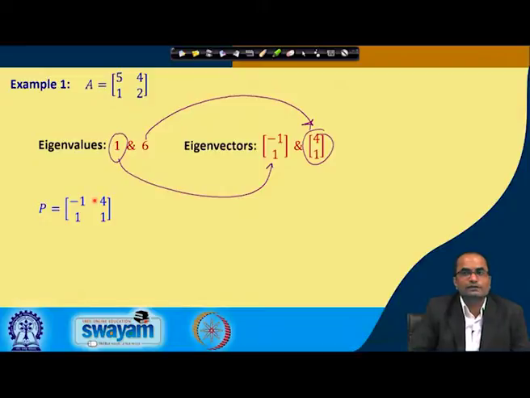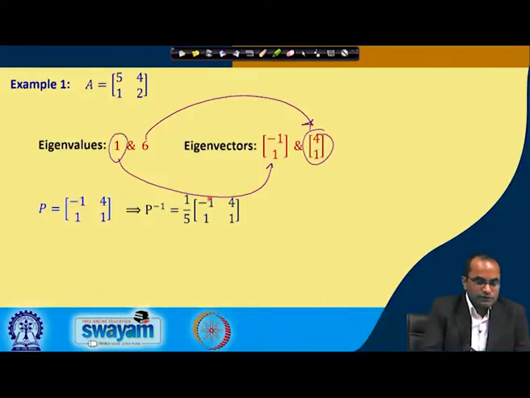So, our model matrix is ready now, and we can verify how P inverse AP looks like. Here we have to get P inverse also. For a 2 by 2 matrix it is simple. We have to divide by the determinant, and then change the signs, and the determinant will be again with minus sign.